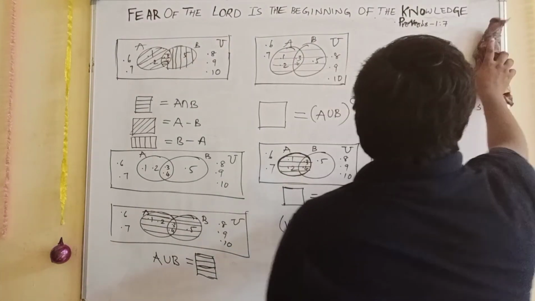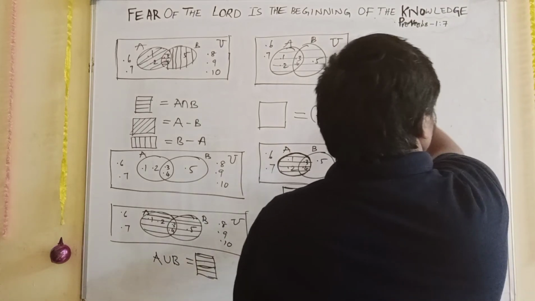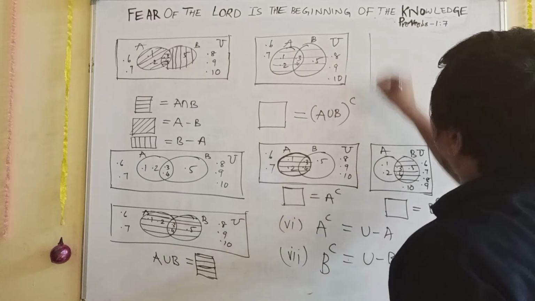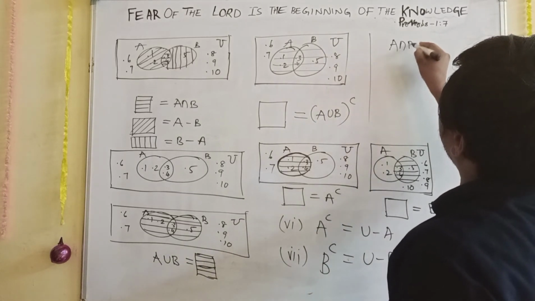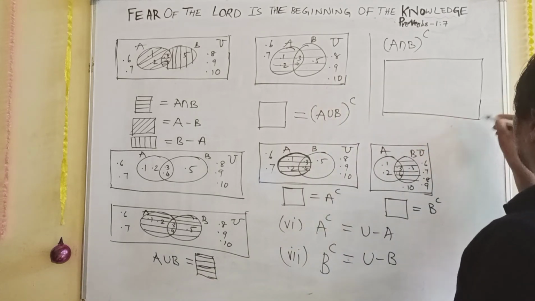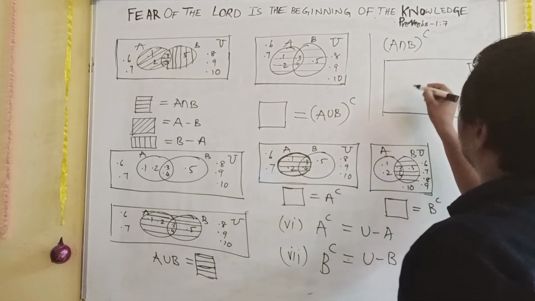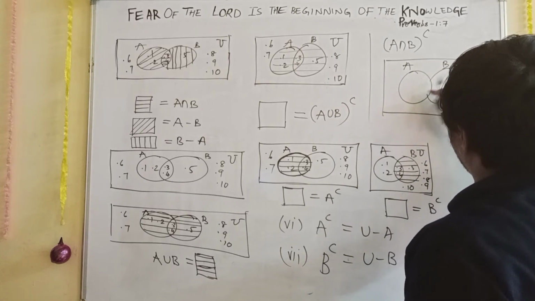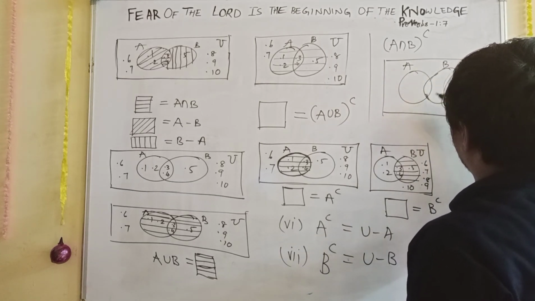A intersection B whole complement. Okay, so first draw a rectangle, this U, and it is A, and this also B, and let me draw it a little bigger.